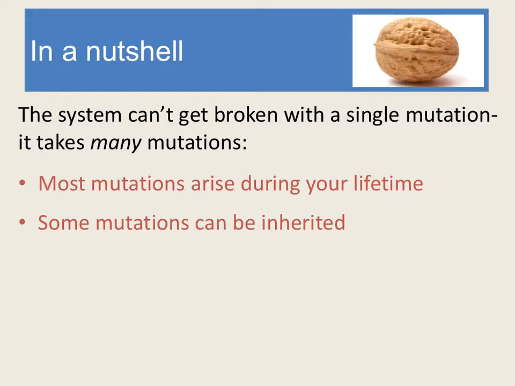There are cancers like this, but most of them just happen spontaneously. And that's why there's a system for making sure that if it does happen, the cell gets stopped in the cell cycle and doesn't keep dividing further.